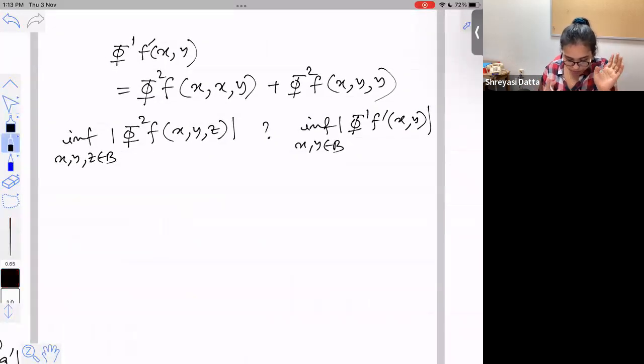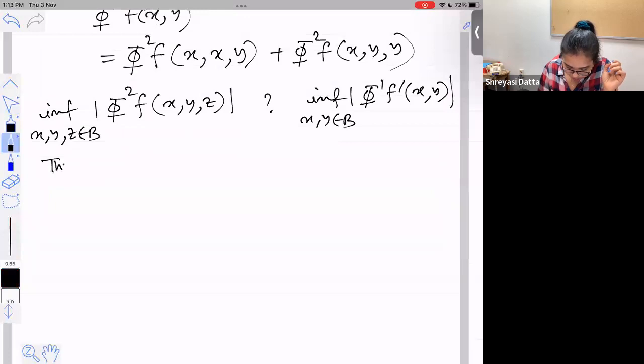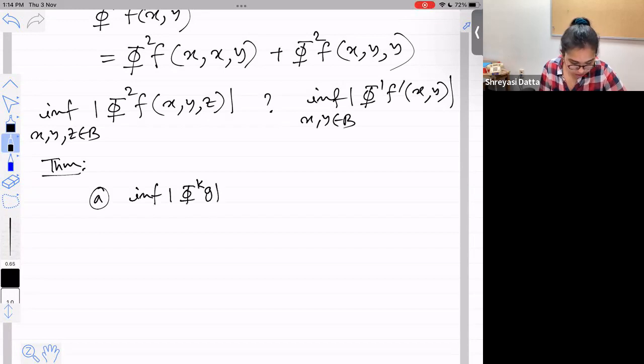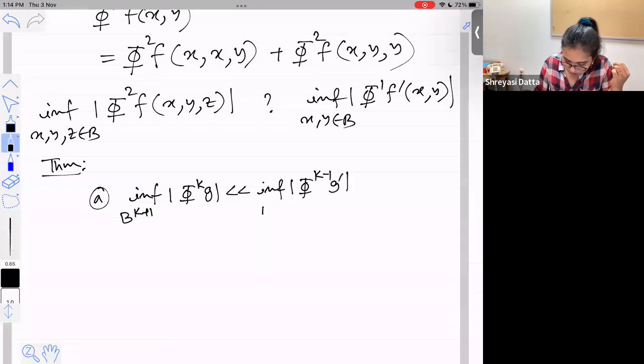So I'm going to stop by writing just the conditions. Theorem: again, same assumptions as before. A must be that the infimum of phi k g at b k plus 1, so there should be a chain. Since you are using induction, I don't know the relation between these two, but I'm imposing that there is a chain of inequalities.